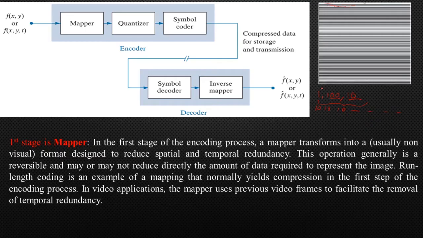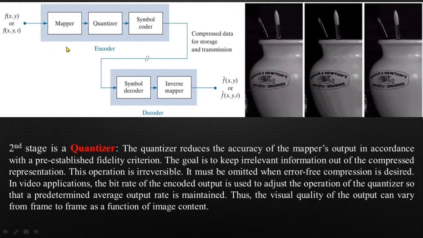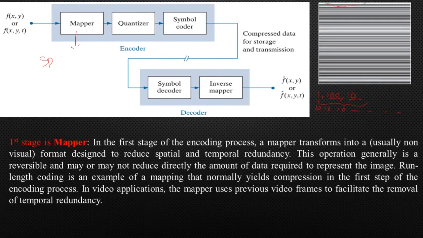That is the temporal redundancy in the case of videos. In the case of images, that is the spatial redundancy. So this mapper reduces the spatial and temporal redundancy.